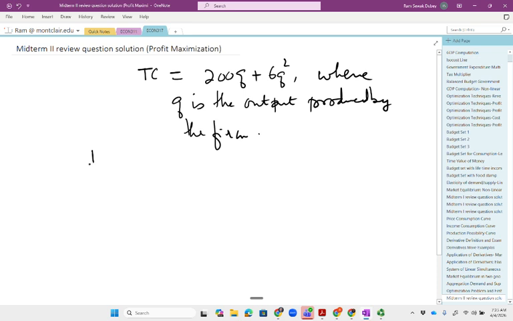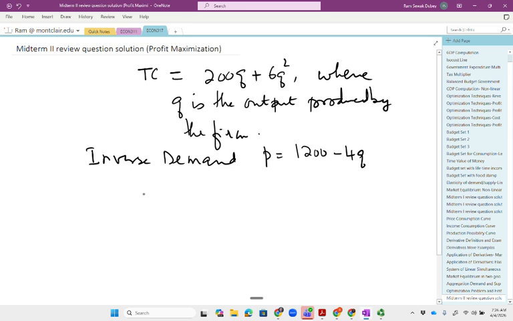Also, the inverse demand faced by the firm is given as price equal to 1200 minus 4Q. So P is the price, Q is the output produced by the firm, and now output sold by the firm, or quantity demanded by all the buyers in the market. So this is the inverse demand.